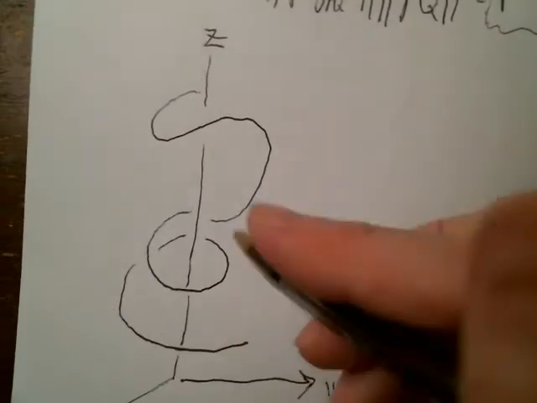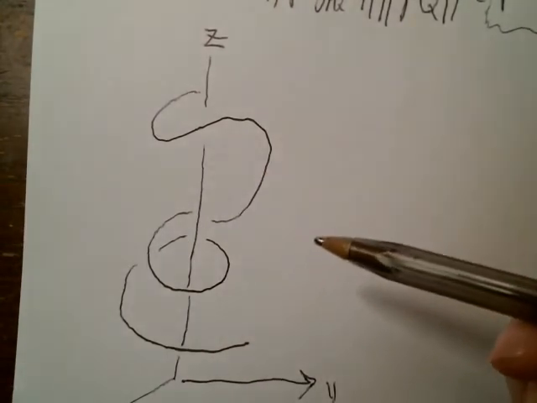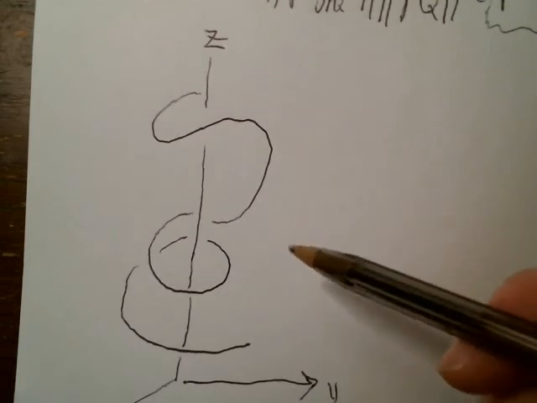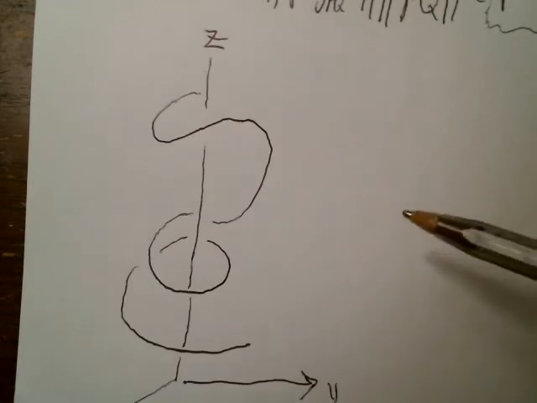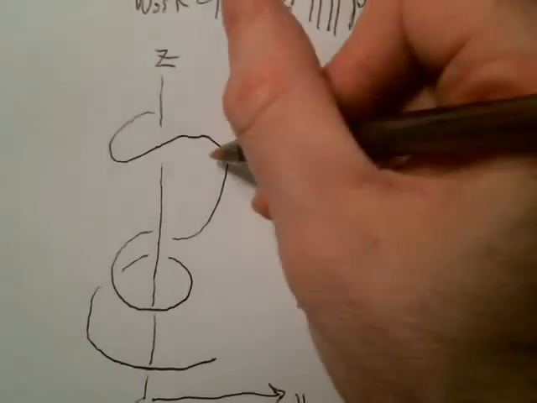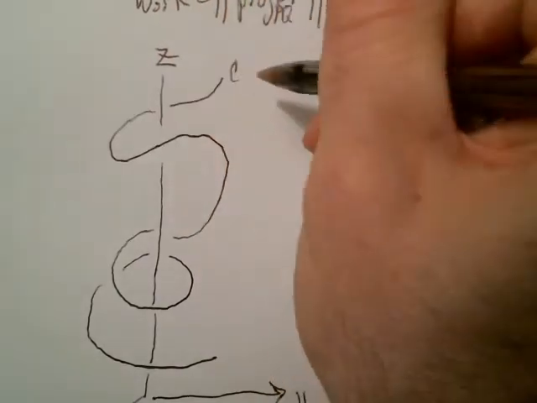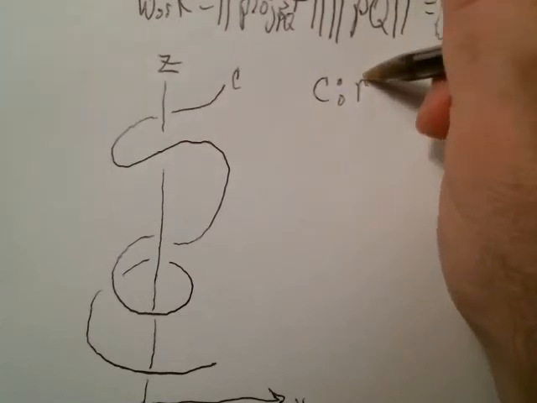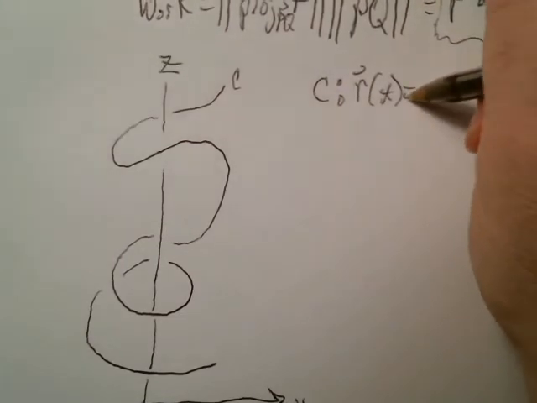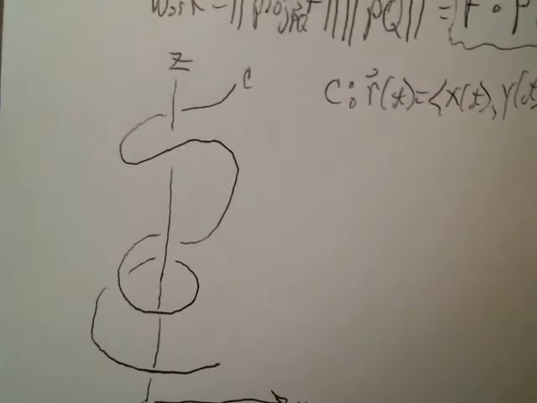Okay, so at every point on this curve, there's also an associated vector, which is that vector from the force field, if you will. There's also a unit tangent vector, right? So if we were describing this curve here with a vector valued function, so again, we're going to call C something like r of t, which will equal x of t, comma y of t, comma z of t.